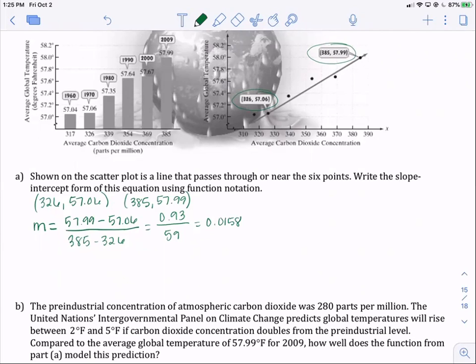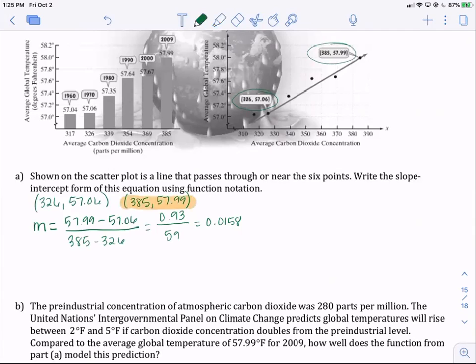Now we want to get into slope-intercept form. What is slope-intercept form? y equals mx plus b. So we need to pick a point. Which point do you want to use? First or second? Second. Thank you.